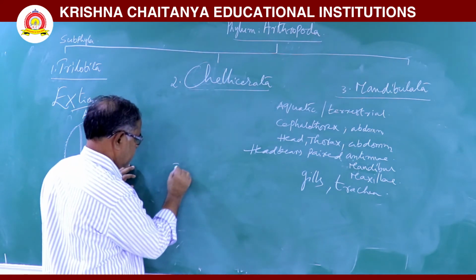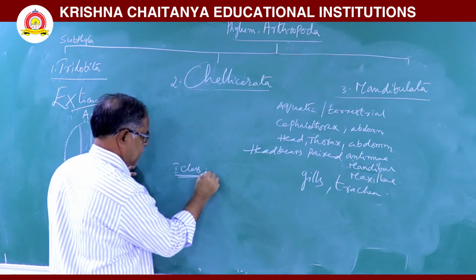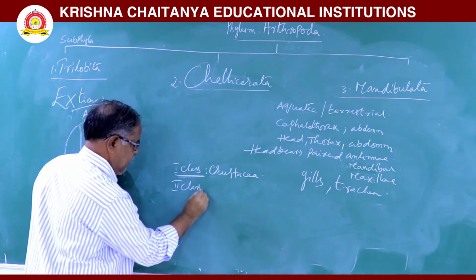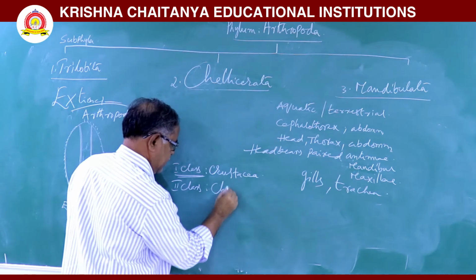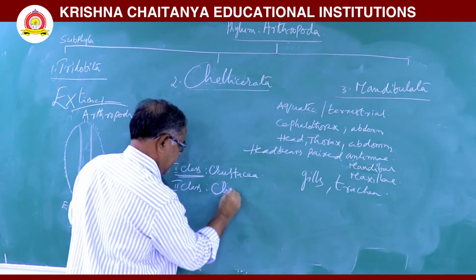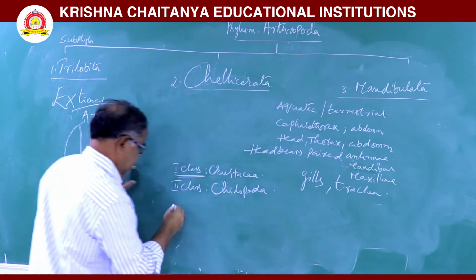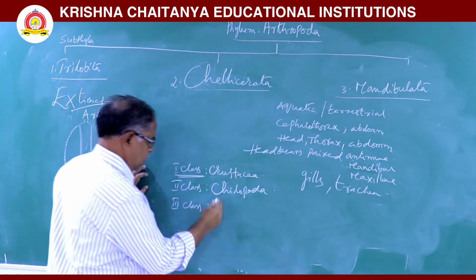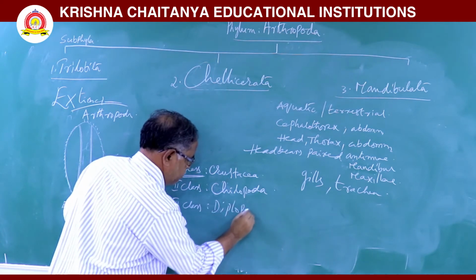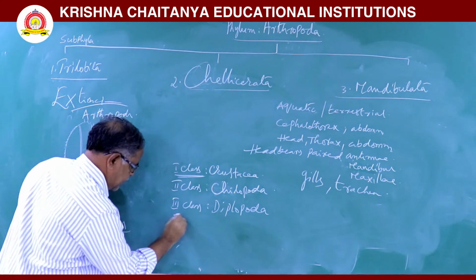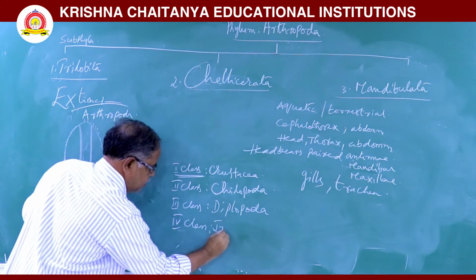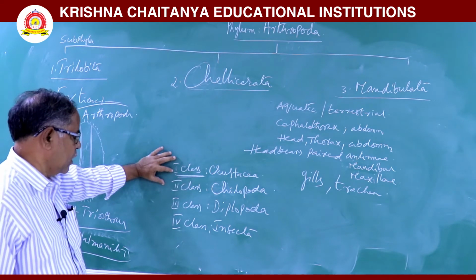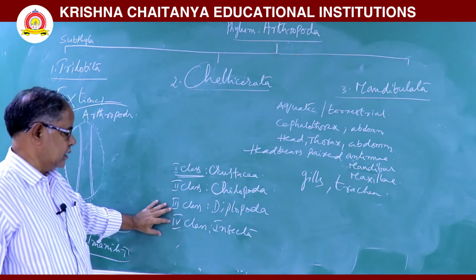First class is Crustacea, second class is Chilopoda, third class is Diplopoda, fourth class is Insecta.